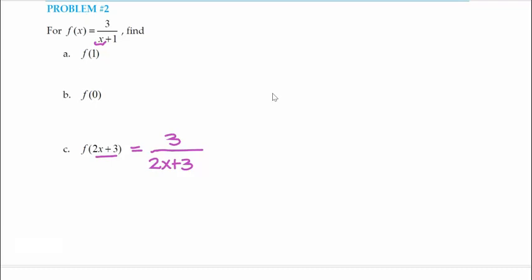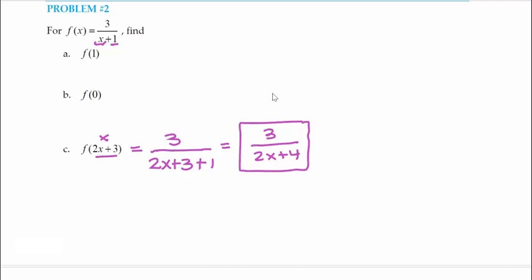Okay, so kind of like when we did the substitution method before, this is what x is, so I'm putting it in place of x there. And then I still have that plus 1 on the bottom. This was my x, and then plus 1 more. And so then if I simplify it, I get 3 on the top, 2x plus 4 on the bottom. And that would be my answer there.